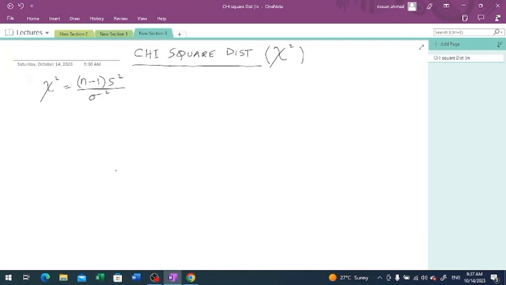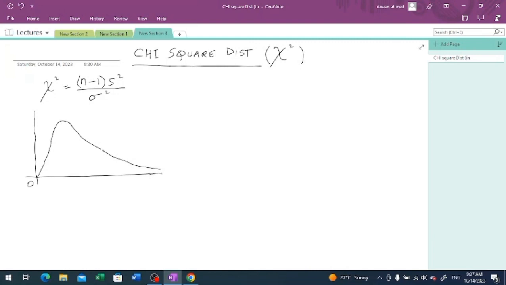Therefore, the chi-square distribution does not exist with negative values, or in the second quadrant, where we observe negative values for a variable. So it starts from 0, and this is the shape of the chi-square distribution. It is a positively skewed distribution.